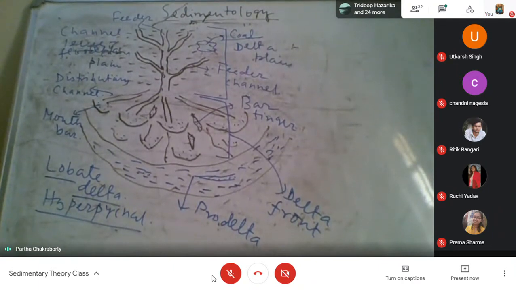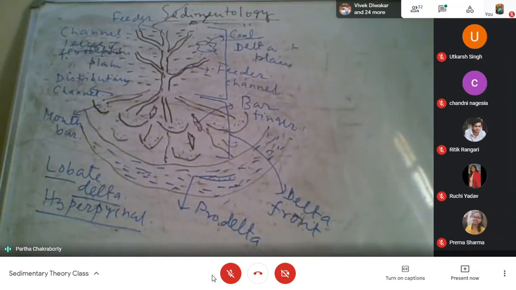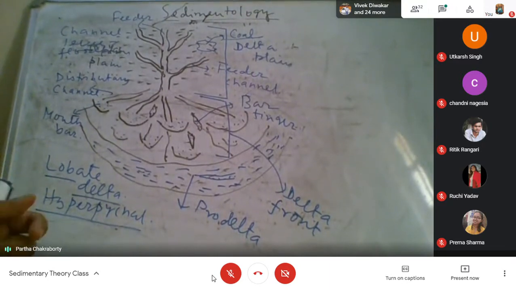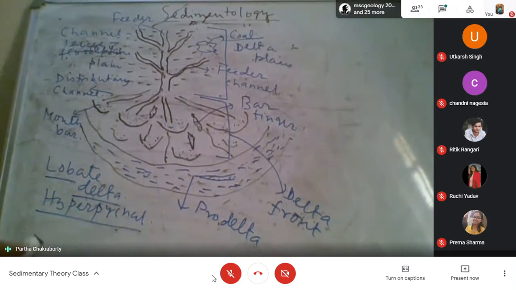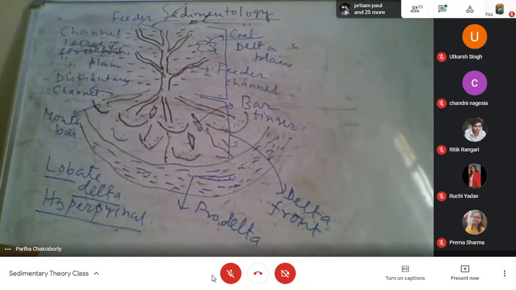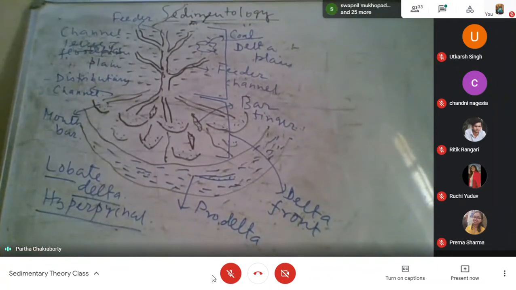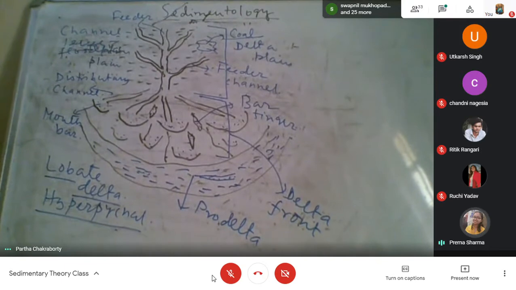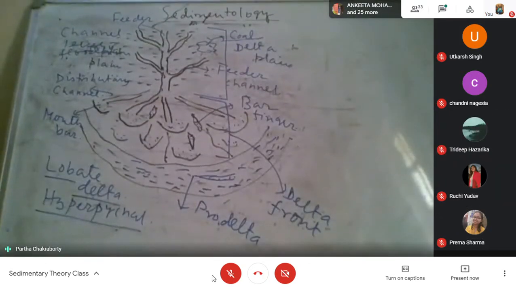They are mostly the deltaic coal. Whereas the Gondwana coal, what you get from Jharia and the Gondwana, they are only the fluvial coal. So what is the major difference between Gondwana coal and the Assam coal? Yes, the sulfur content. The Assam coal has a high sulfur content.